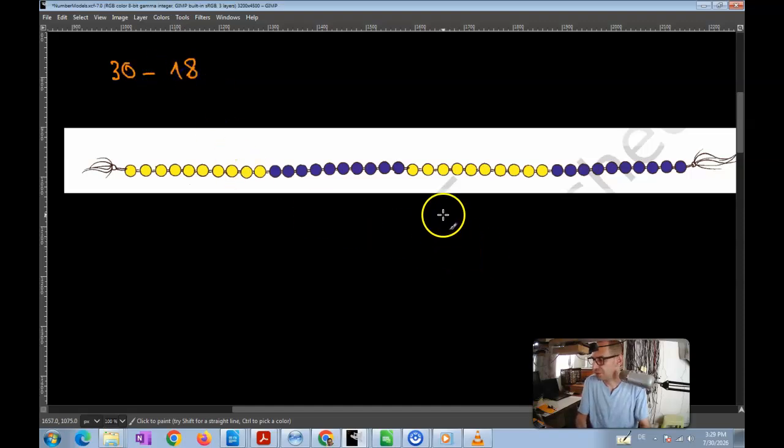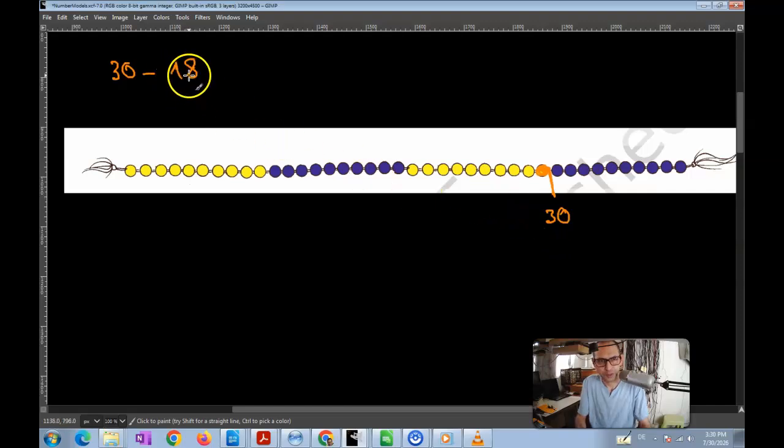30 minus 18. So first you want to locate the number 30 on your Ginladi. So the number 30 would be, this is a 10, a 20, and a 30. So this bead over here is the number 30. So I put my sticker over here and I write 30, right?